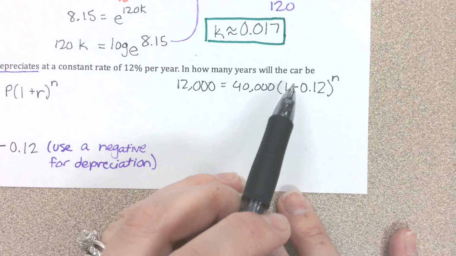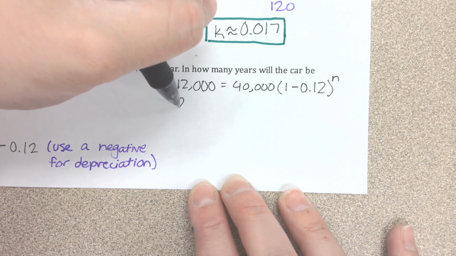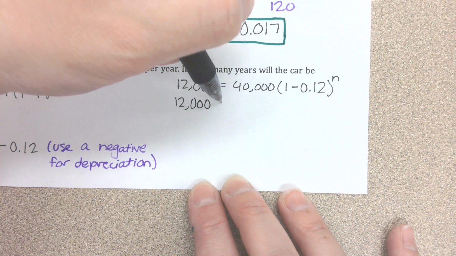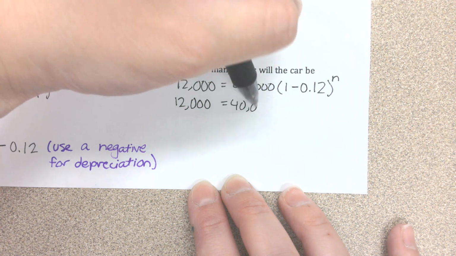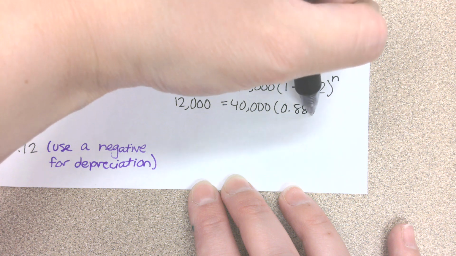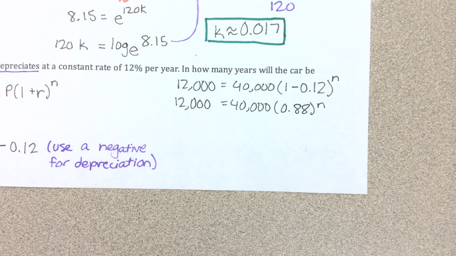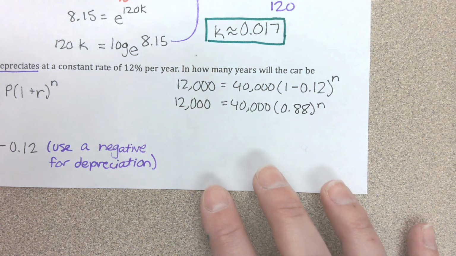First thing I'm going to do here is just condense the two numbers in the parenthesis. I'll rewrite that. 12,000 equals 40,000 times 0.88 to the nth power. From here, the solving, again, is going to be identical to the first two.